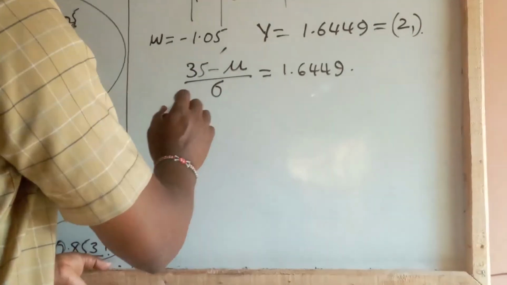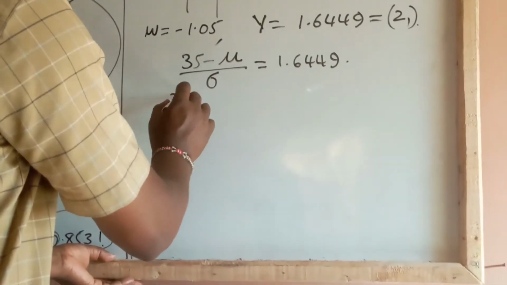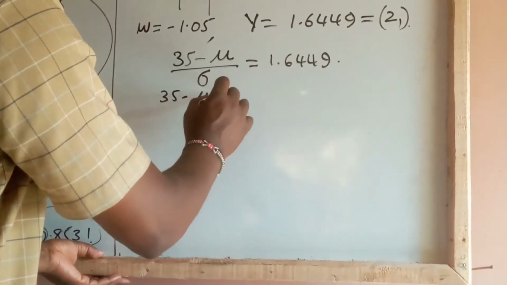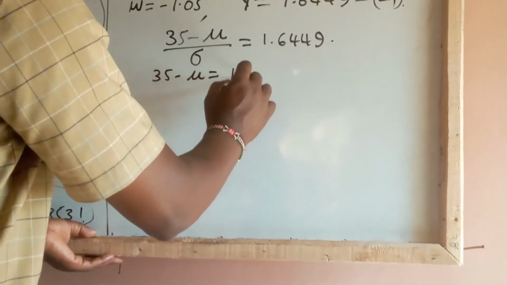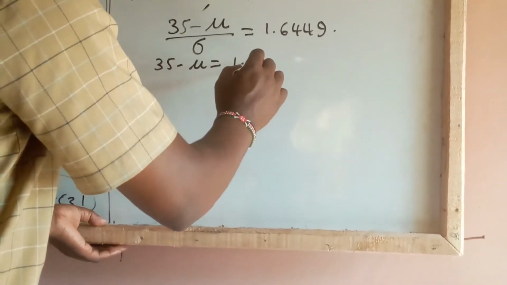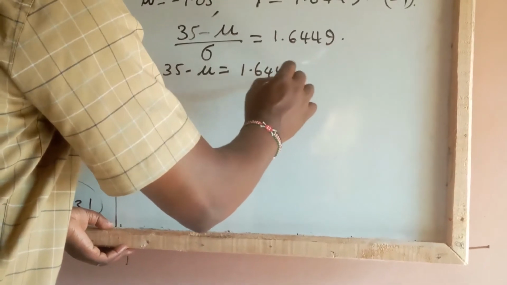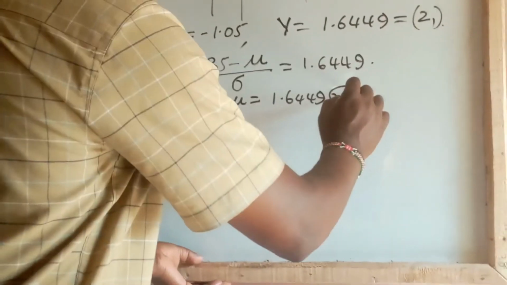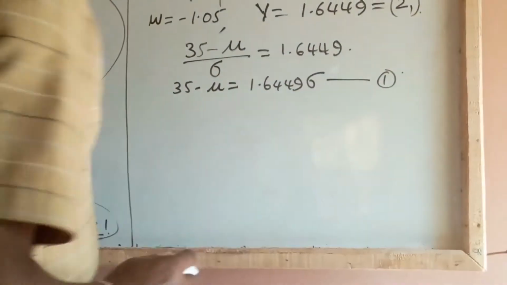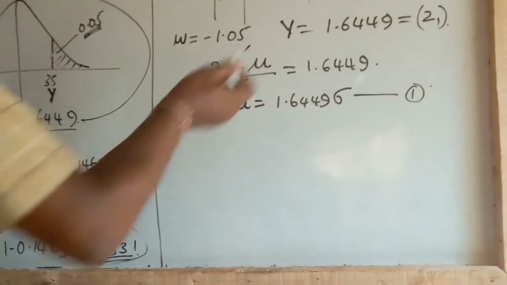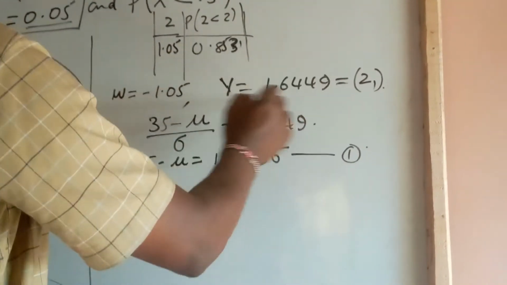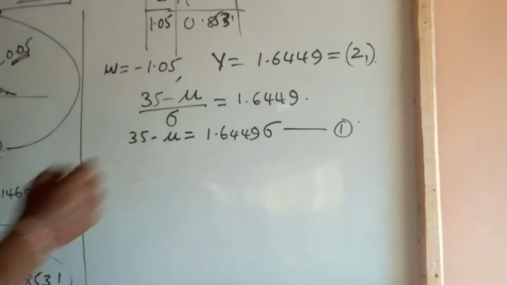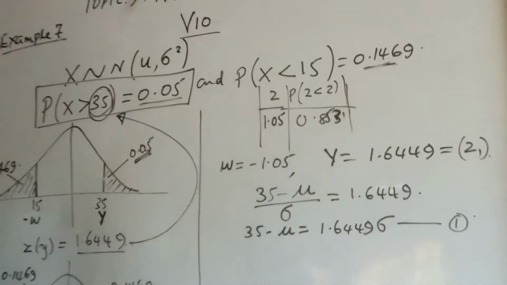This is just like saying 35 minus the mean is 1.6449 times the standard deviation, and we could call that equation 1. And we have taken care of the y, which was associated with 35.